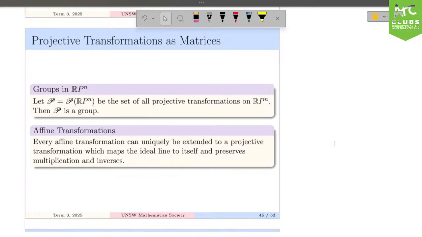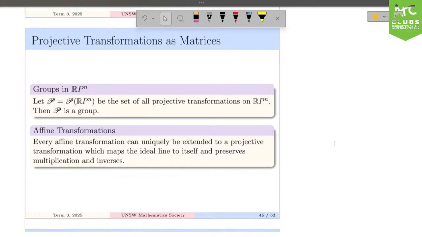And if we have this multiplied by any ideal point, (0, x, y), then the first coordinate is going to be (1, 0, 0) dot (0, x, y), which is going to be 0, and so it fixes the ideal line.